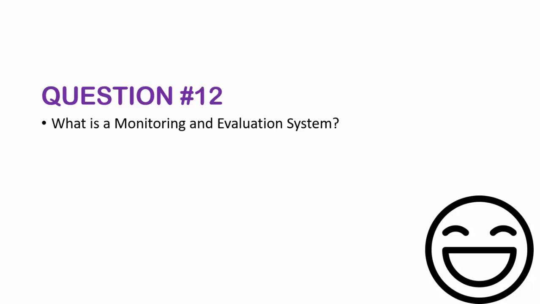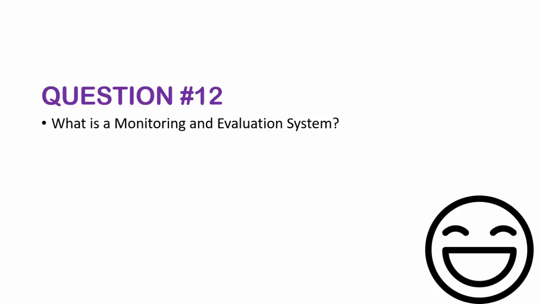So a monitoring and evaluation system, simply put, is a system. It's usually not good to use the same word, system, but it is a system that has the following components: policies, procedures, budgets, staff, tools.